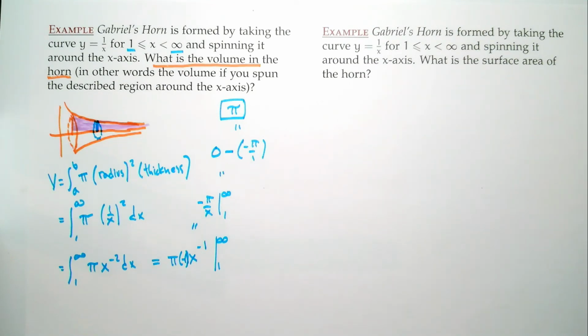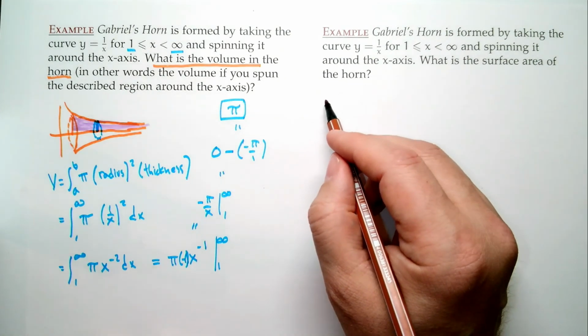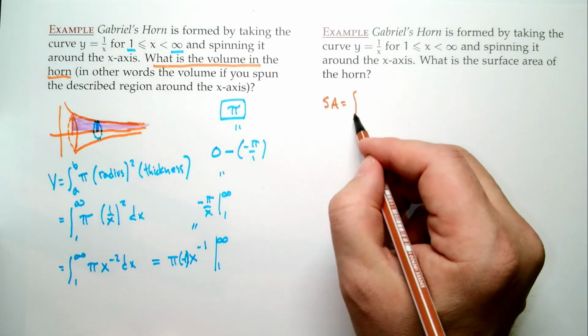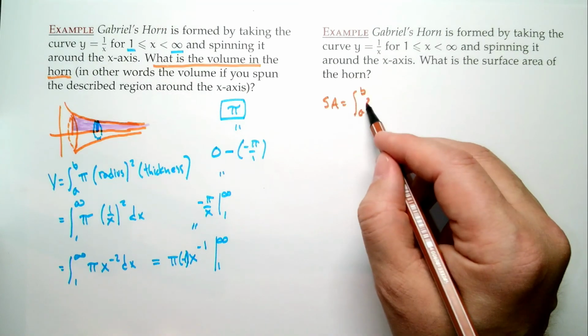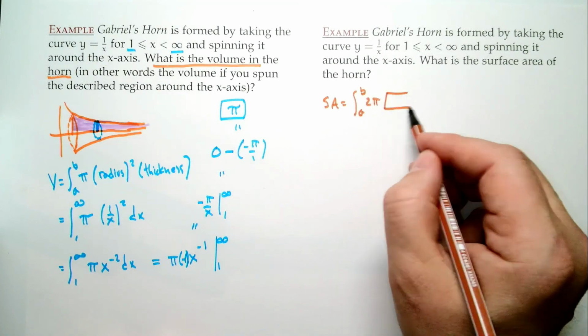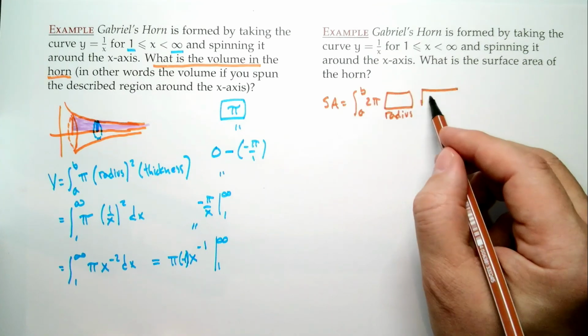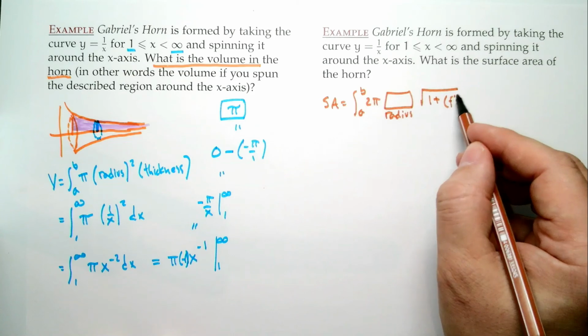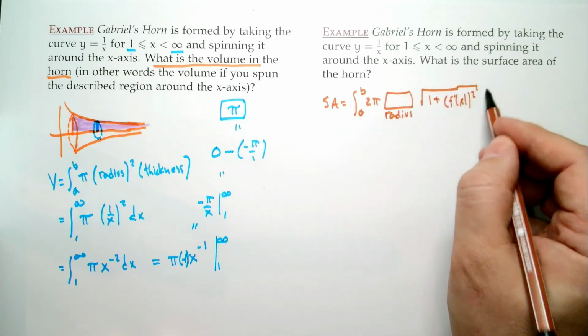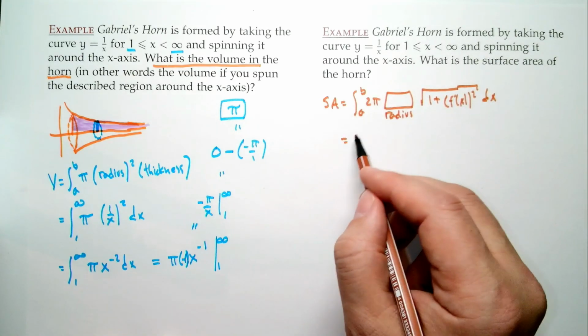And the question is, how much surface area? Okay, so this will be fun. All right, so surface area, integral from a to b, 2 pi, then we have our radius, what's in the box, the square root of 1 plus f prime of x squared dx. So let's fill this in.